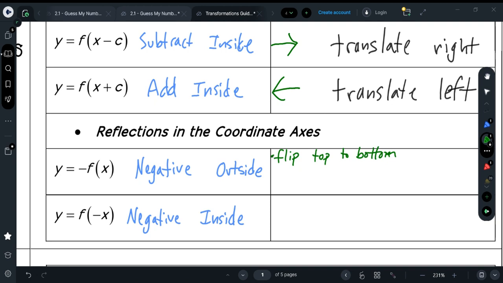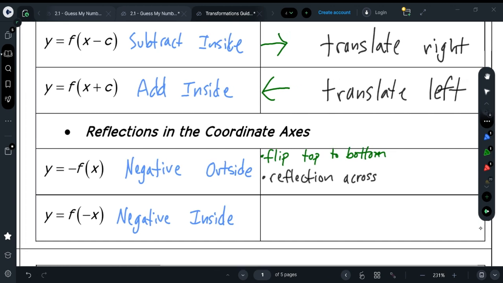And then we're going to write this again using our vocabulary terms. Actually, the correct way to say this using our correct vocabulary is going to be reflection across the x-axis.